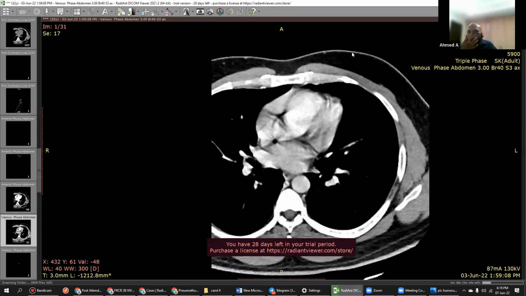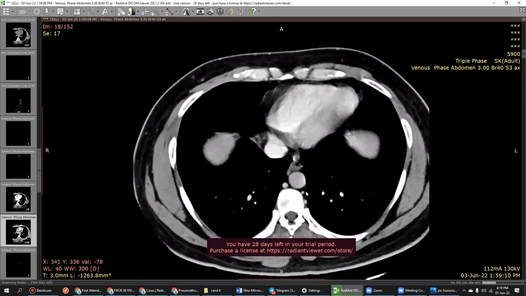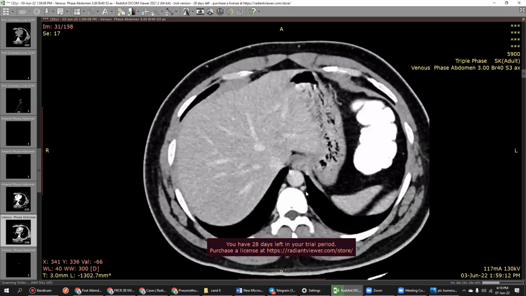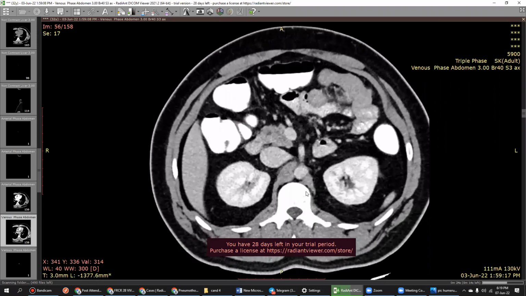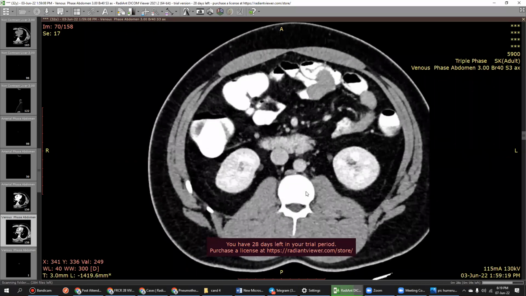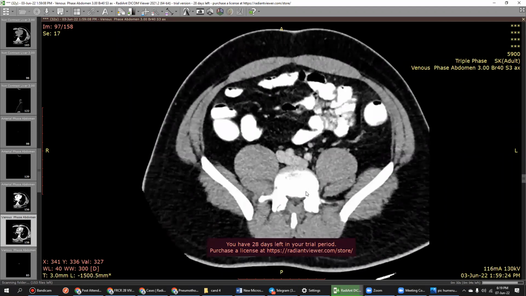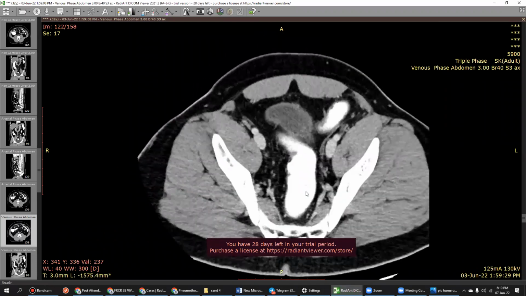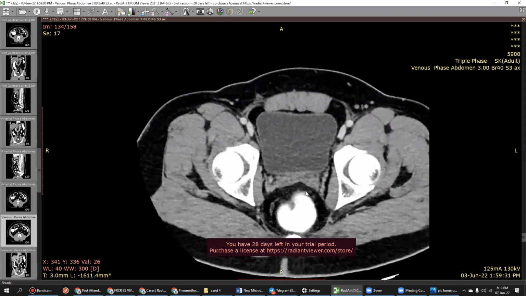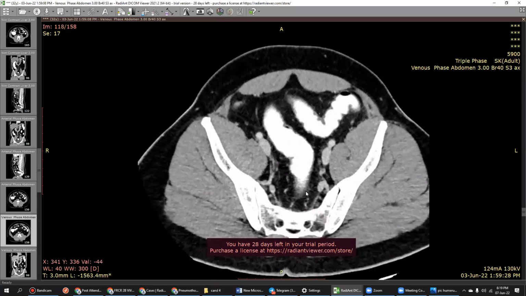Okay, you can scroll, please. I'll take a look first. This is axial CT of the abdomen and the pelvis with IV and oral contrast.